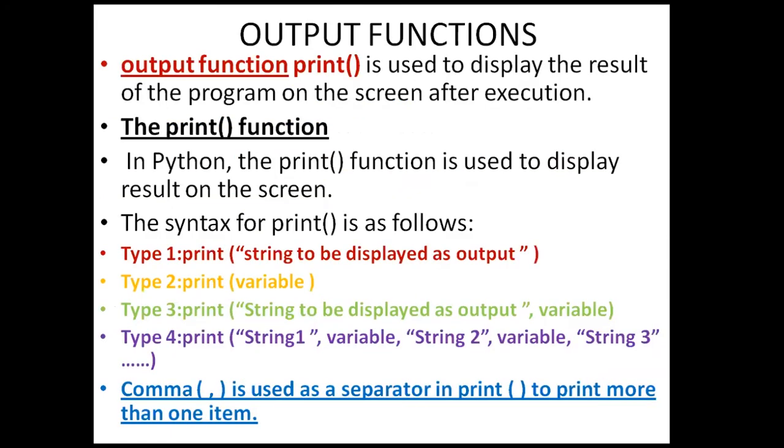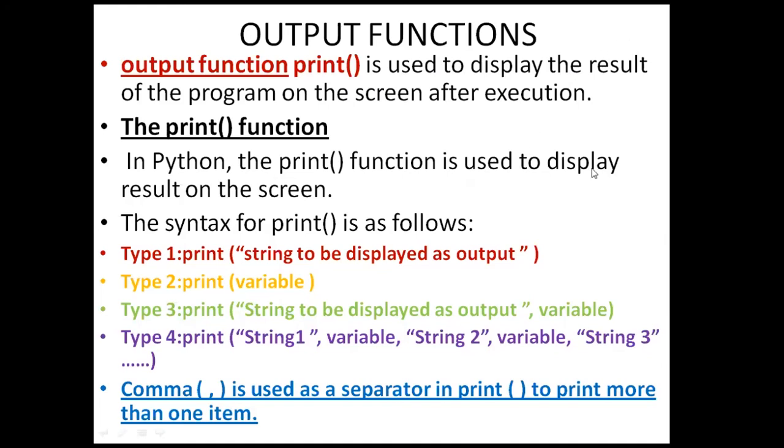The next function is the output function. The output function used in Python is print. Normally, this function is used in Python to print the result of the program on the screen after execution. Once your print statement is executed, it produces the output on the screen.